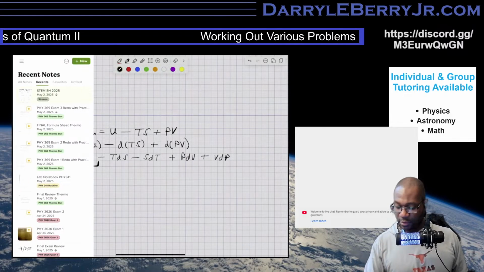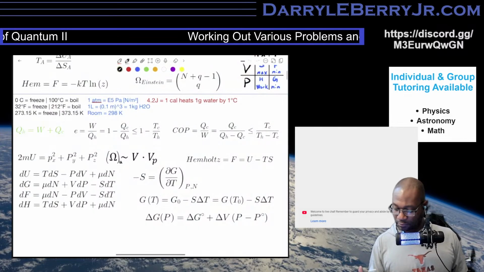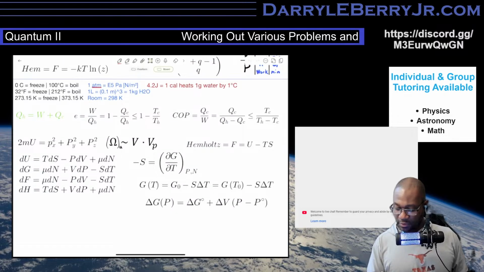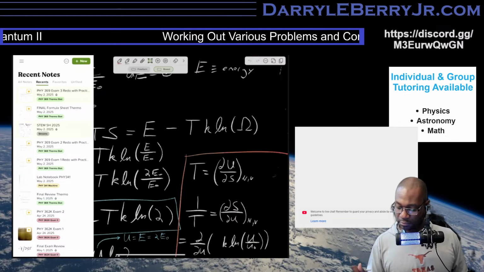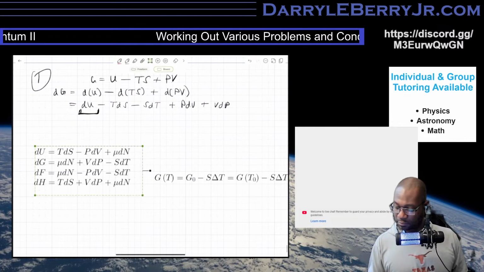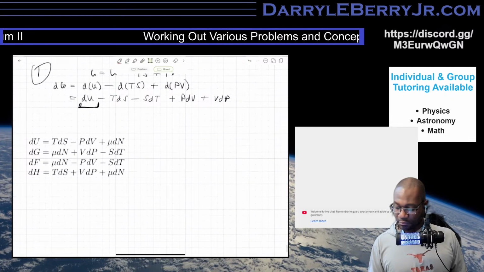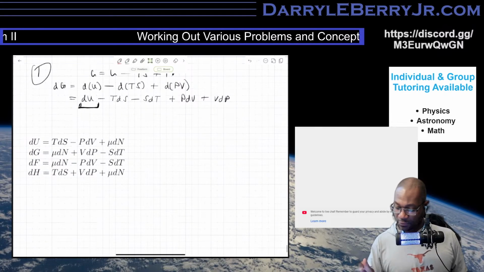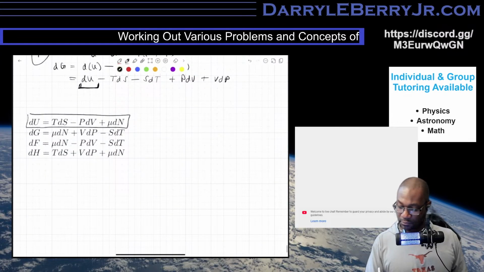And actually, I do have this one on my formula sheet. So it's this group of equations here. So what I can do is take this one and make it equal to this.